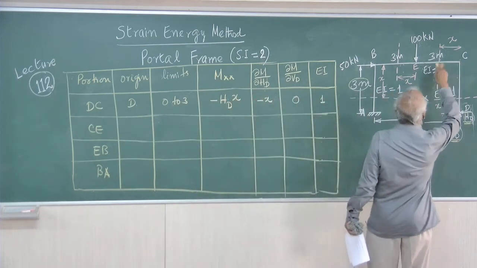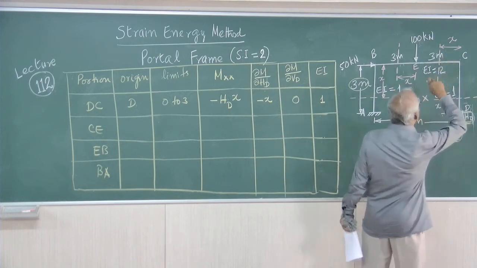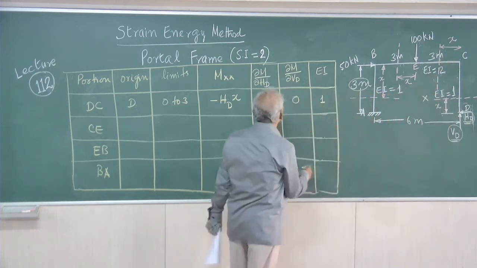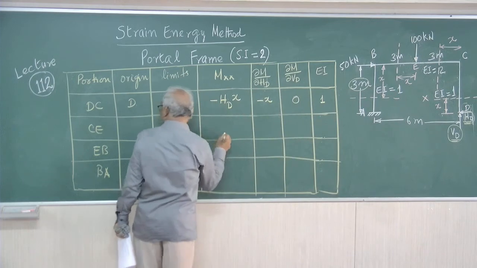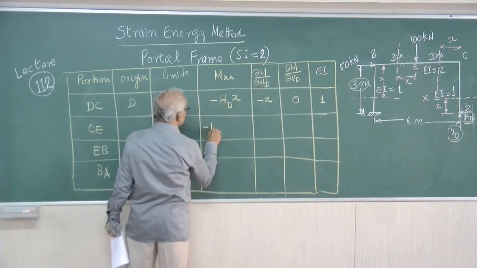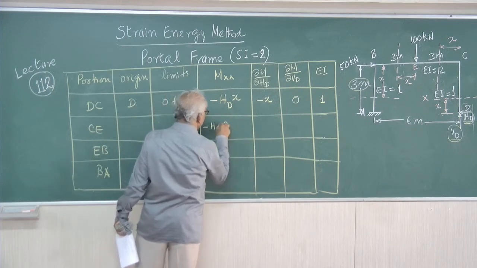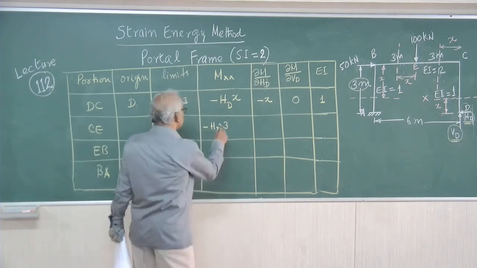About this section, HD will cause a clockwise moment, and clockwise is negative, therefore minus HD into 3 meters for CE.